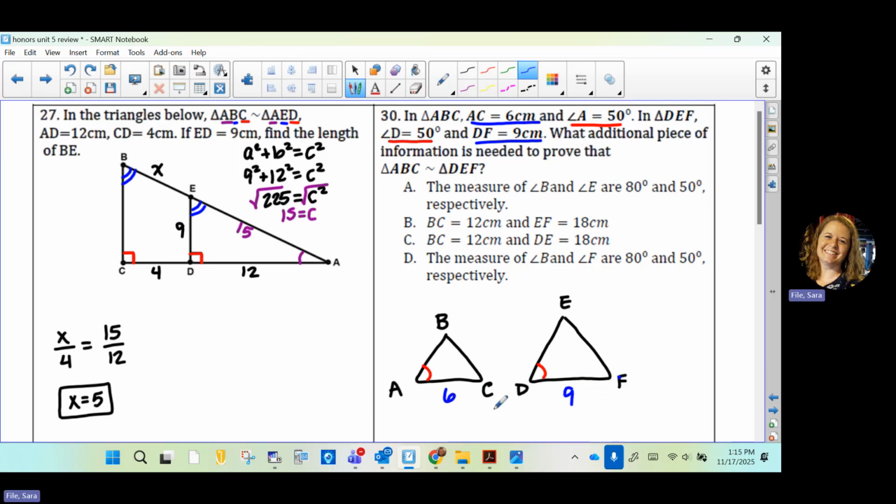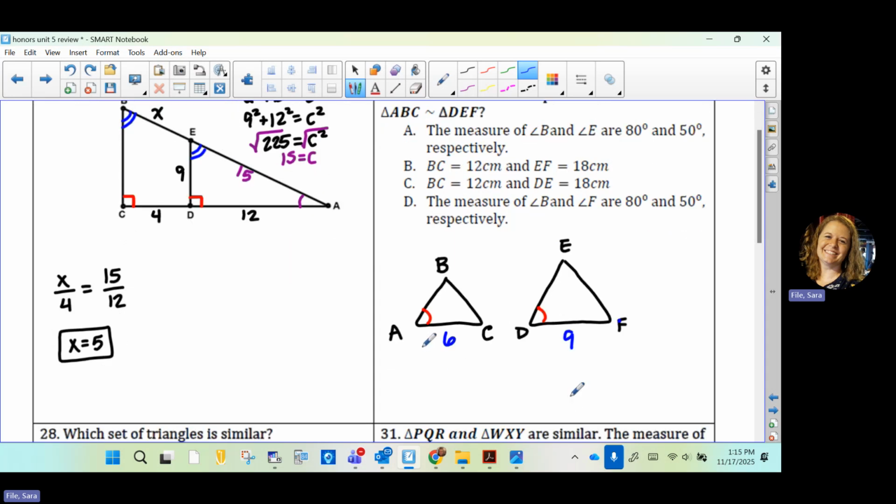It's not what you add. Remember, scale factor is what you multiply by. Okay, so what would I multiply 6 by to get 9? 2/3. Okay, so 3 halves, right? Going that way. So you can do 9 divided by 6 to go backward and get that scale factor if you need to. So if you need to show, okay, my scale factor is new divided by old.